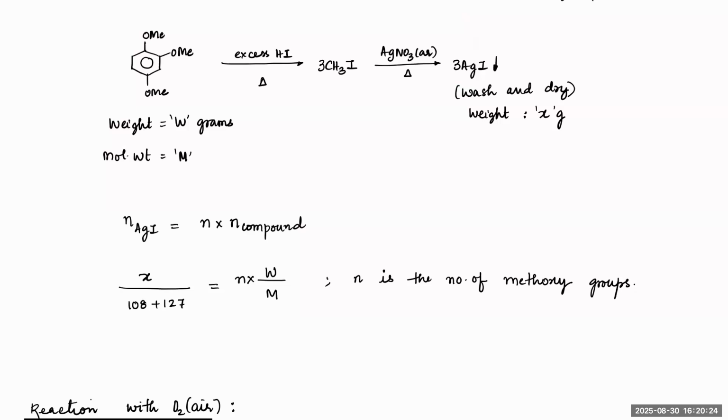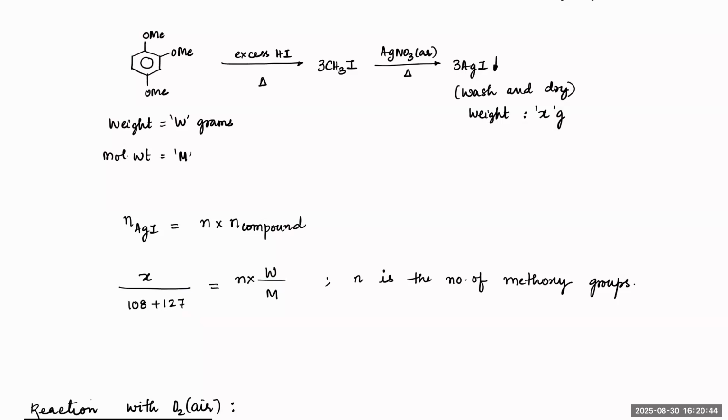Therefore, this weight divided by molar mass should map with this one. X is given, W is given, molar mass will be given to you. You have to calculate what is N. Clear? So that's how we can figure out the number of methoxy groups.